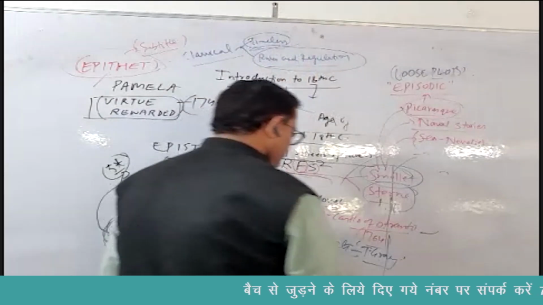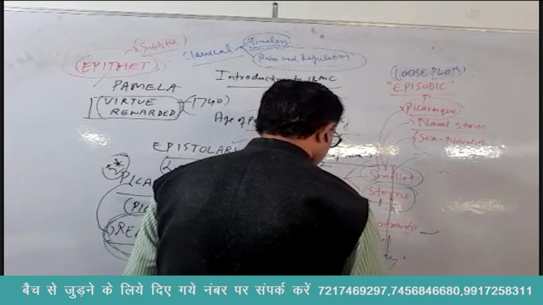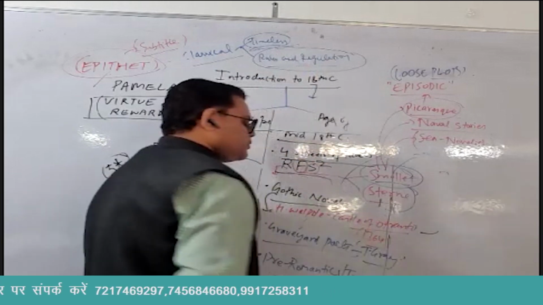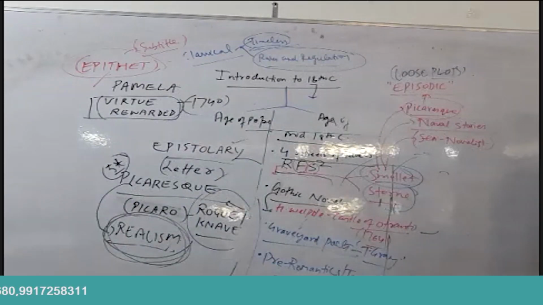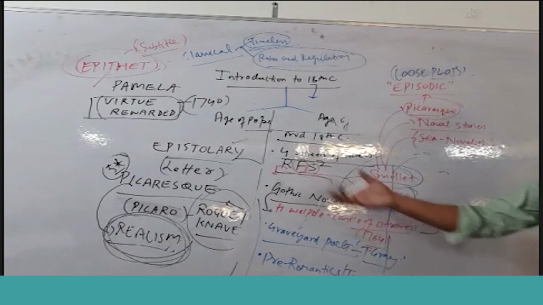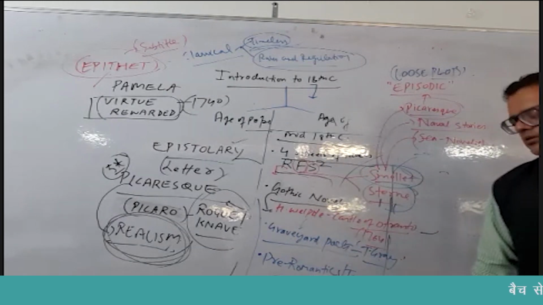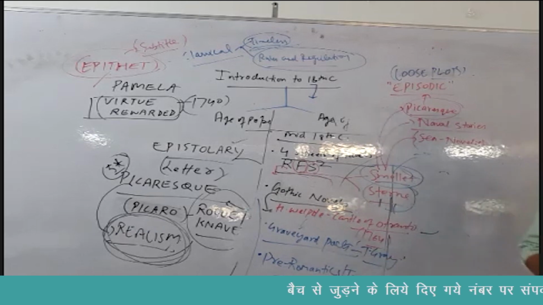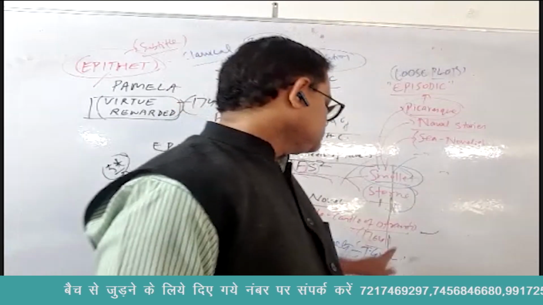So they were also called pre-romantics or transitional poets. They showed the qualities of neoclassical writers like Pope and others, and they also foreshadowed the coming romantics. The leader of the group again was Thomas Gray.